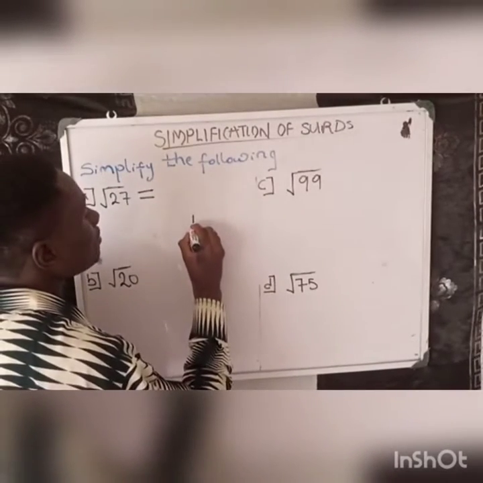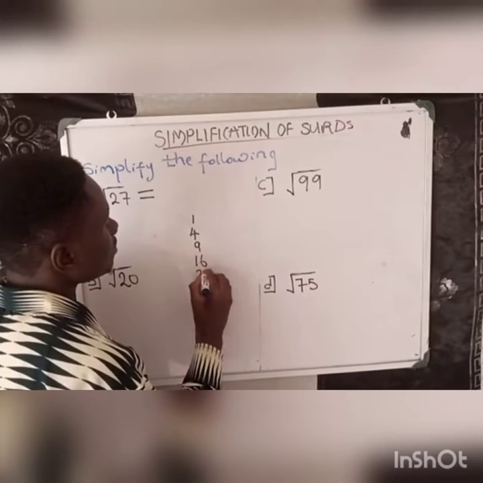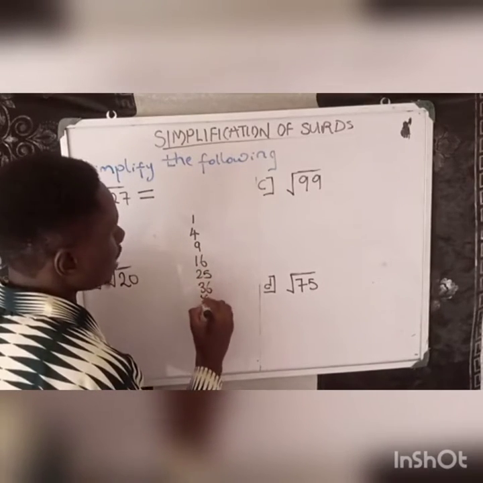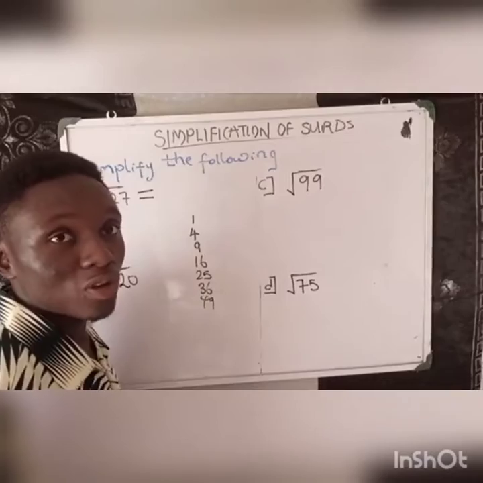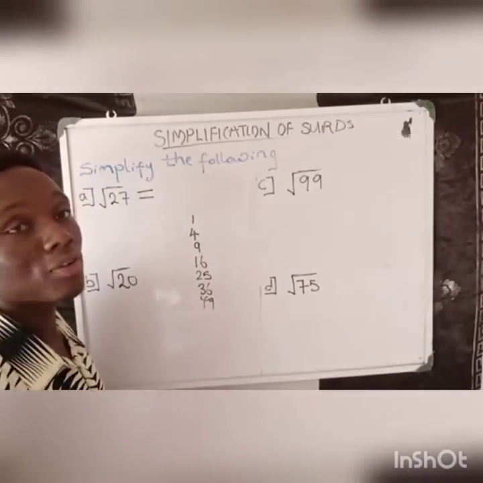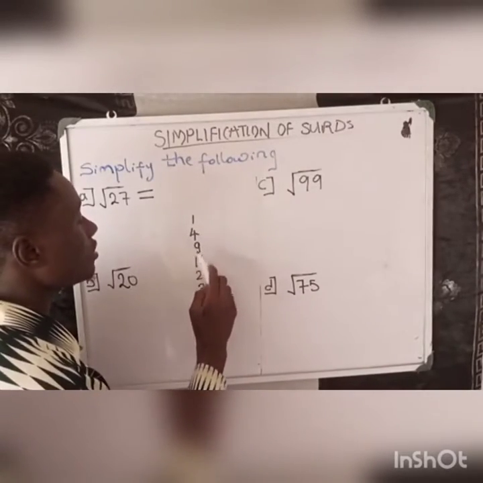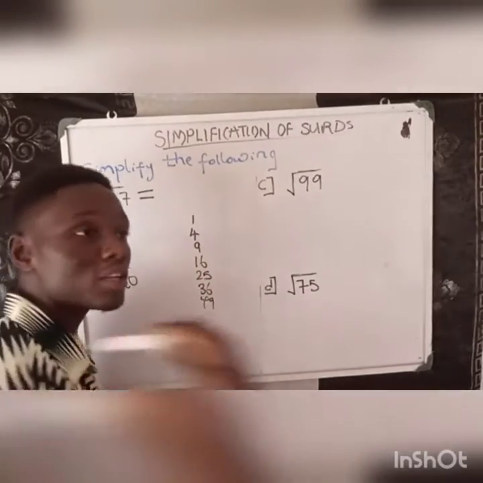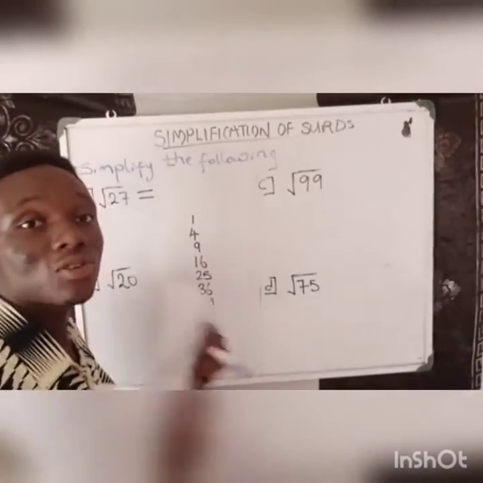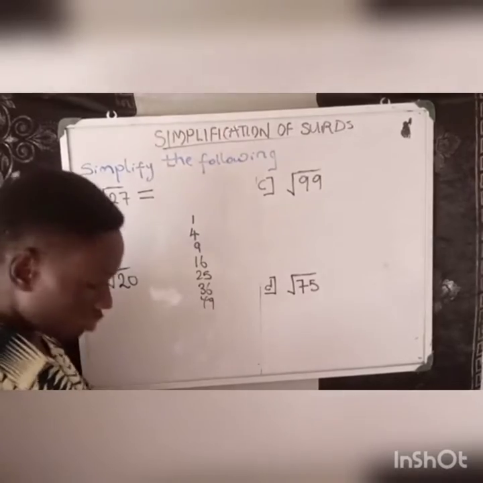These numbers are perfect squares, and so on. Any number that has a square root that is a whole number is a perfect square. Square root of this is 1, square root of this is 2, this is 3, square root of this is 4, and so on. So once you find the square root of a number and the answer you get is a whole number, that number is called a perfect square.